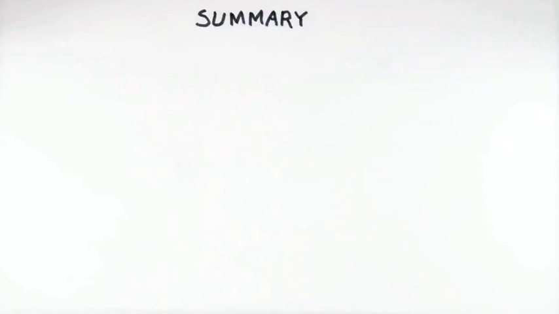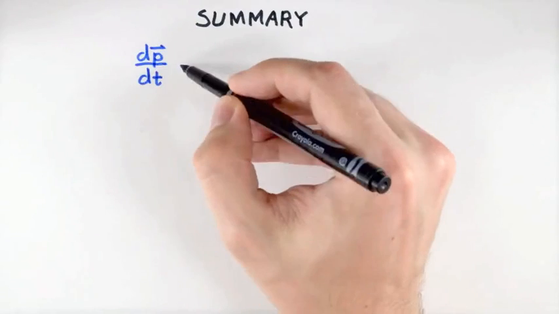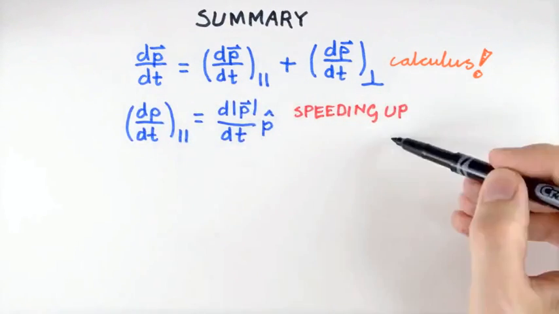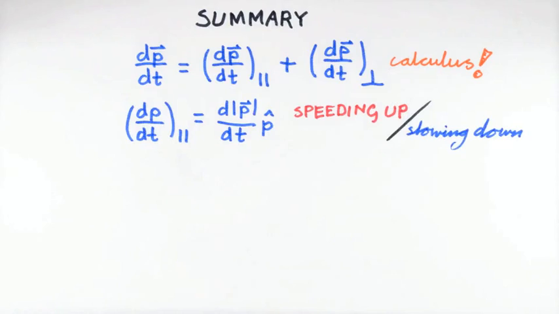We use calculus to decompose the vector dp dt into two separate parts. One we call dp dt parallel, and one we call dp dt perpendicular. We discussed how the first part, dp dt parallel, describes either speeding up or slowing down, depending on whether the scalar delta magnitude of p over delta t is positive or negative.